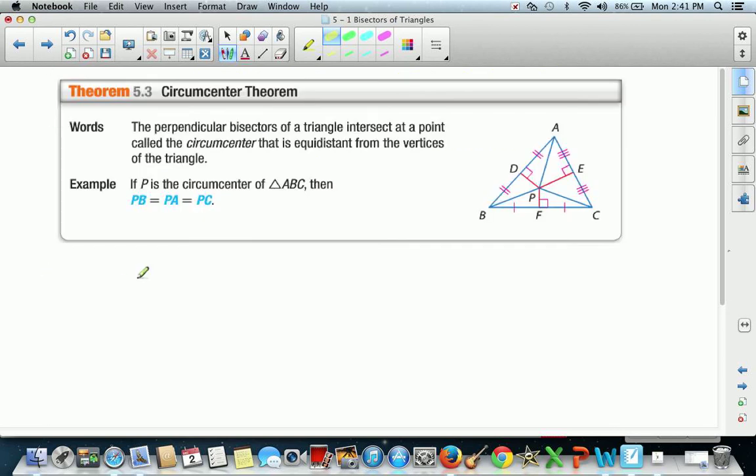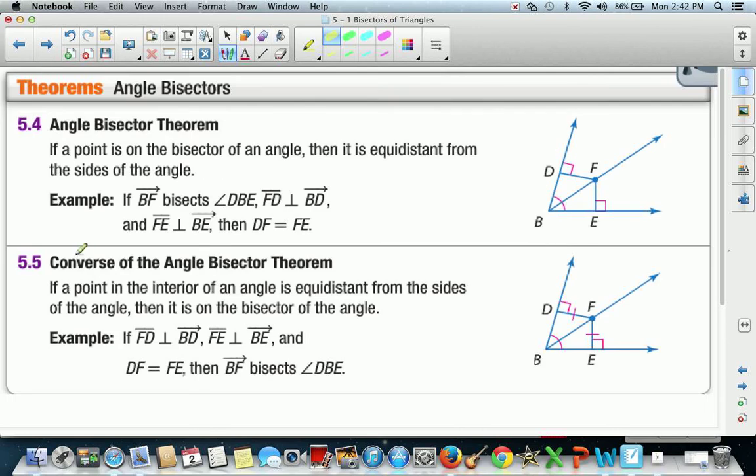I asked you a couple days ago to make sure you had all the theorems written down in your packets. So make sure you have this theorem written down, the circumcenter theorem. Two other theorems that you need to have written down are the angle bisector theorem and the converse of the angle bisector theorem.